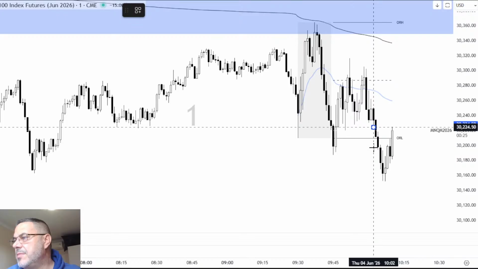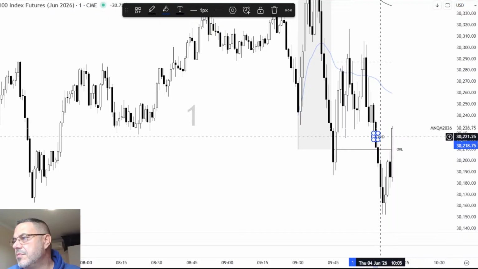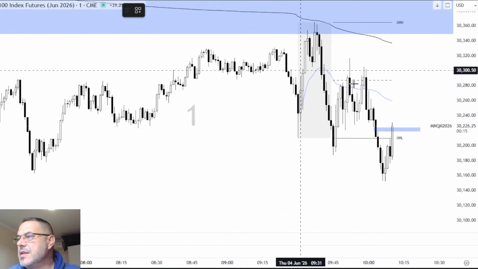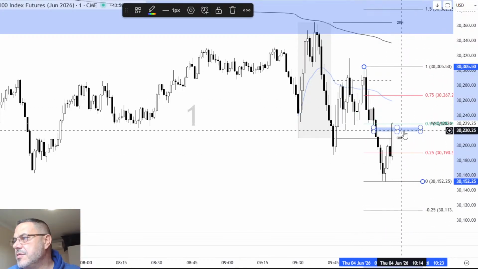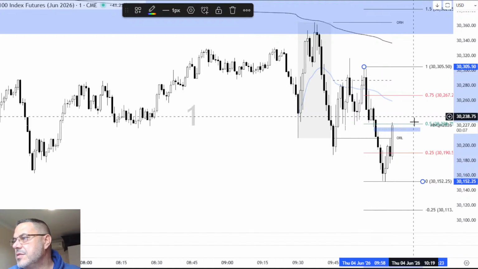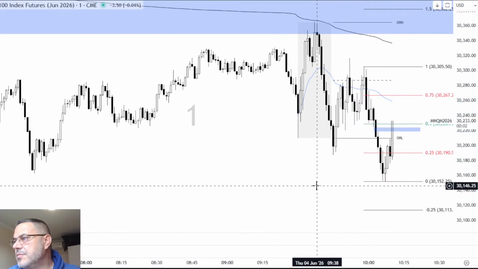This fair value gap, yeah. But I don't think that's at 50%. There's 50%. So that order block type of block there could send it lower, yeah. So let's see.